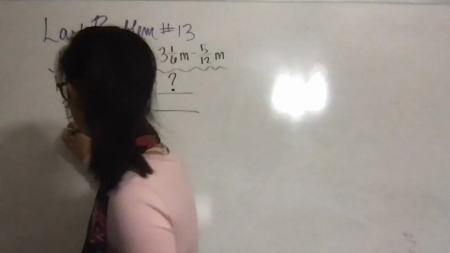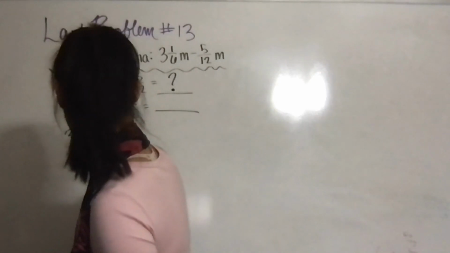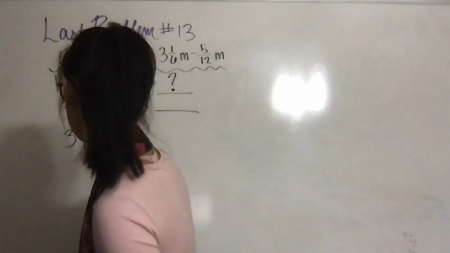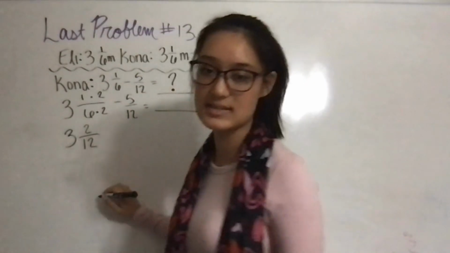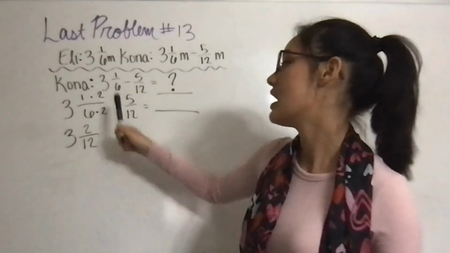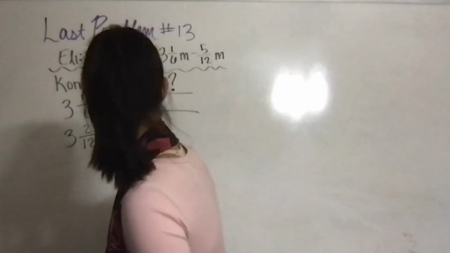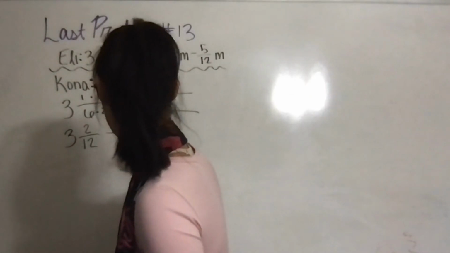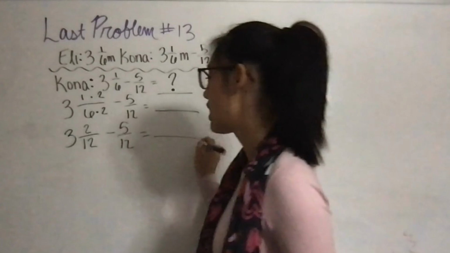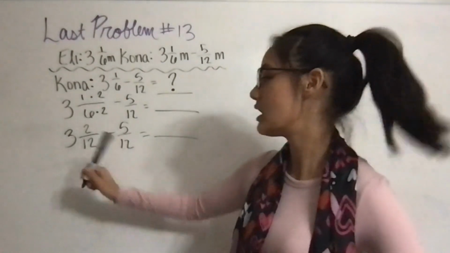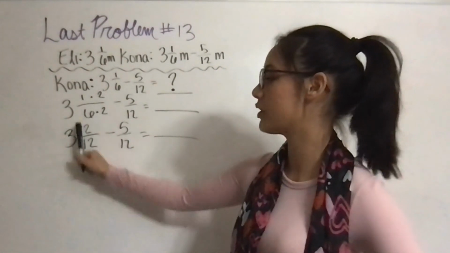Bring down your numbers, and this is equal to 3 2/12 because 6 times 2 is 12, and 2 times 1 is 2. Again, minus 5/12.